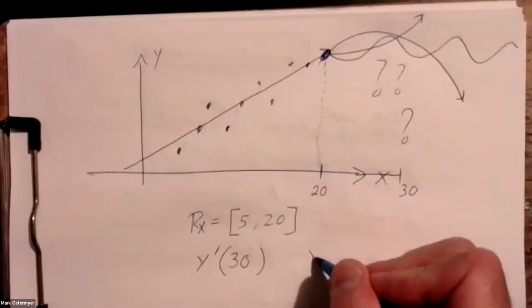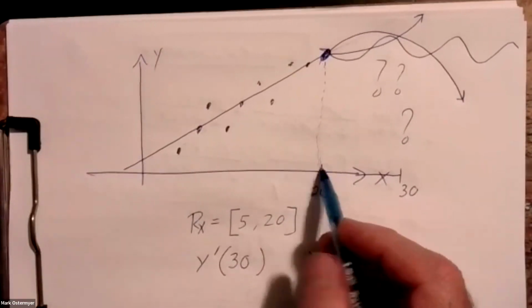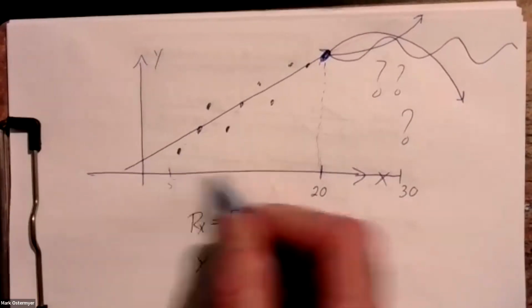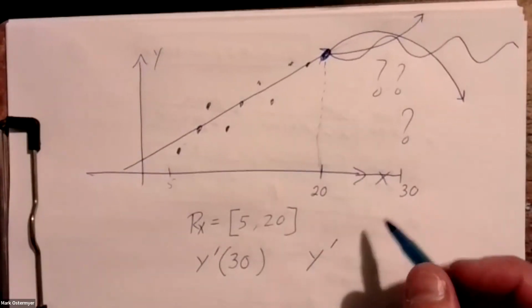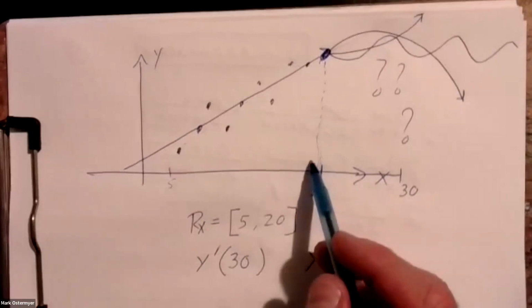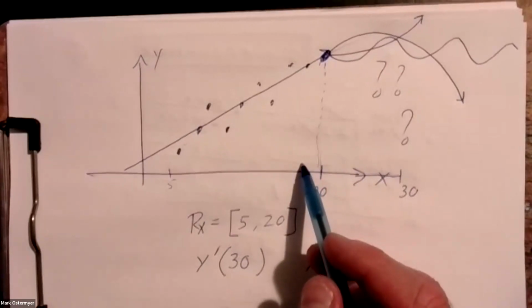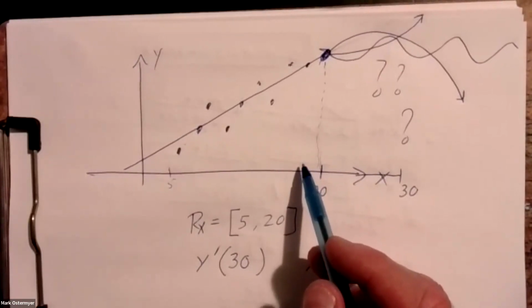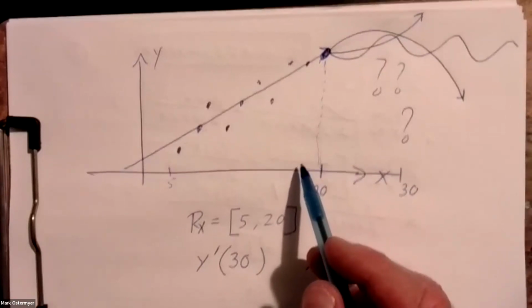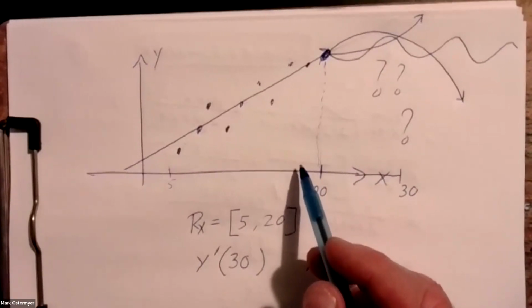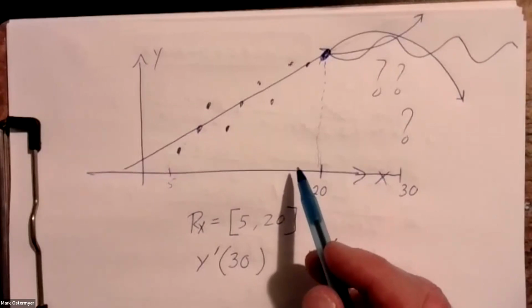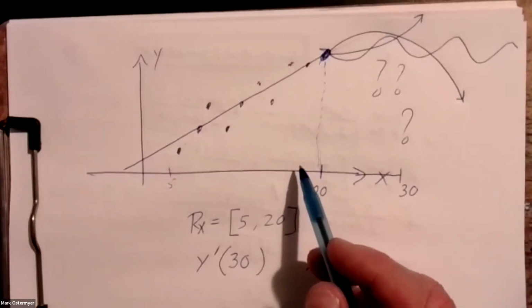Now, would you have faith in making a prediction for any X value that lies between 5 and 20? The answer is yes. You would have as much faith as your R or R squared value indicates to you, the quality of how well that line fits the ordered pair data.